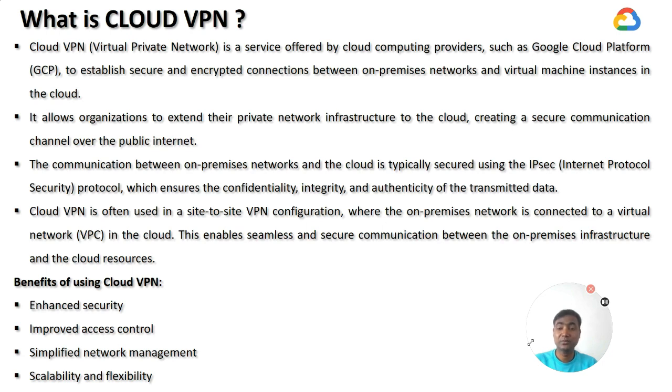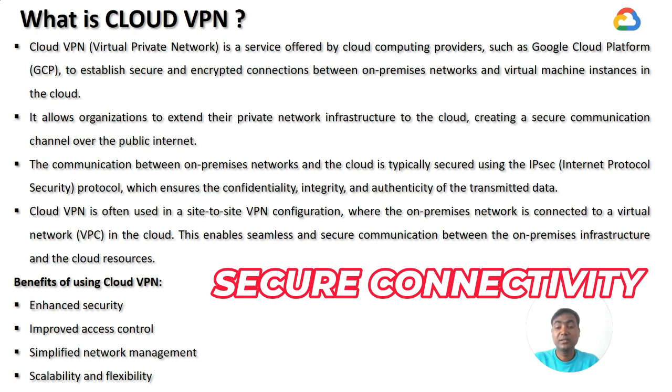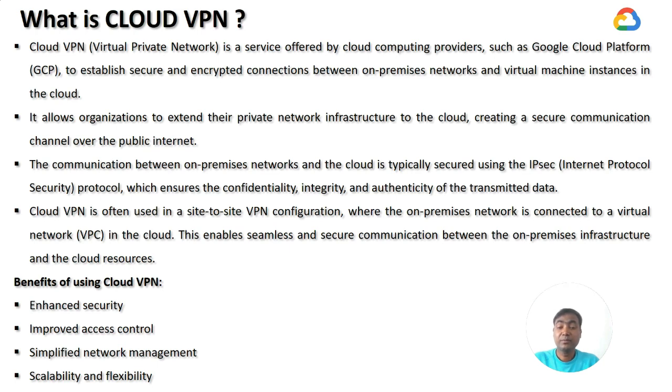instances in the cloud. The communication between the on-premises network and the cloud is typically secured using the Internet Protocol security, which ensures the security and confidentiality of the transmitted data. Secure connectivity. Cloud VPN provides a secure and encrypted connection over the public internet, allowing data to be transmitted between an on-premises data center or office and virtual machine instances in the cloud.